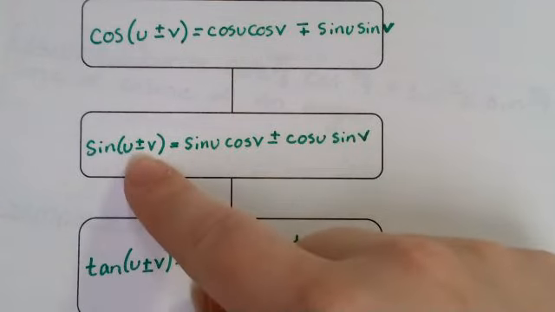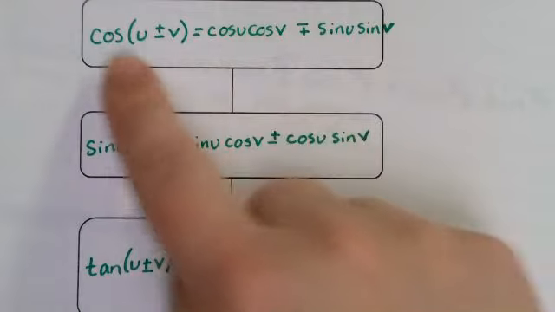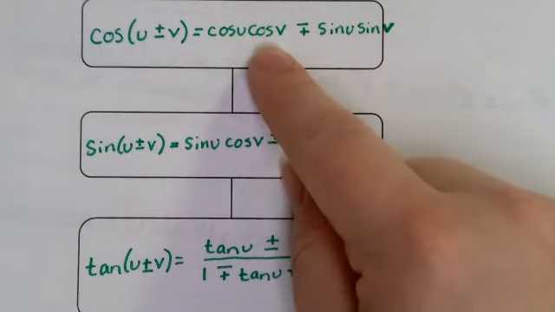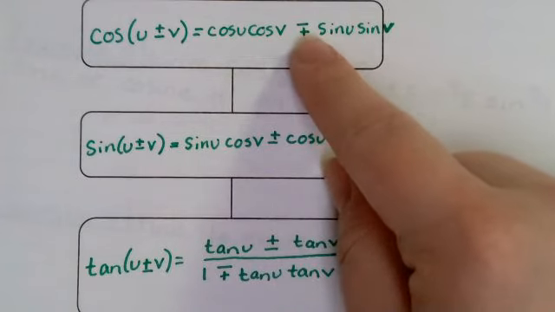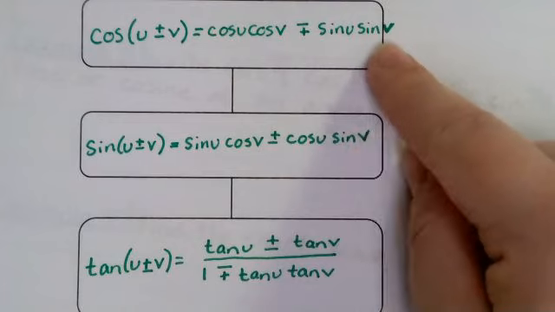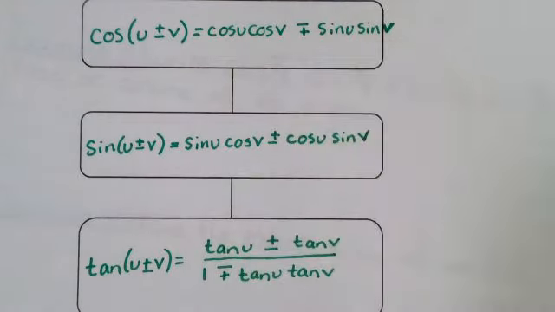Sine is a little bit more straightforward. It does line up to be the one that you want. But I want you to look very closely here with cosine. They couple cosine of u times cosine of v. They use the opposite sign of what you want it to be. And then it's sine of u, sine of v. So the cosines are grouped, the sines are grouped, and you use the opposite sign of what you think it should be.